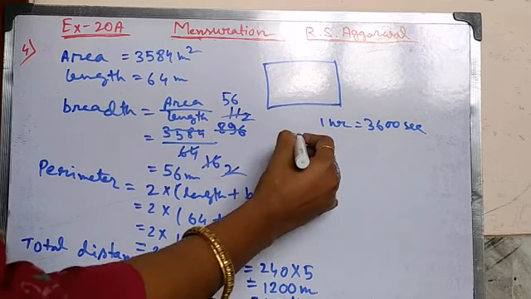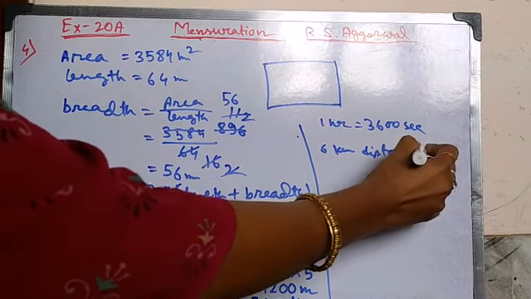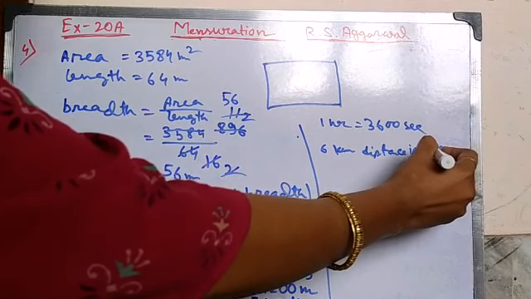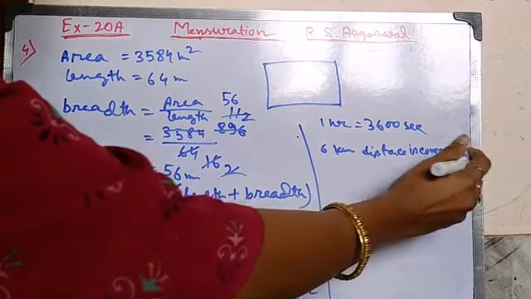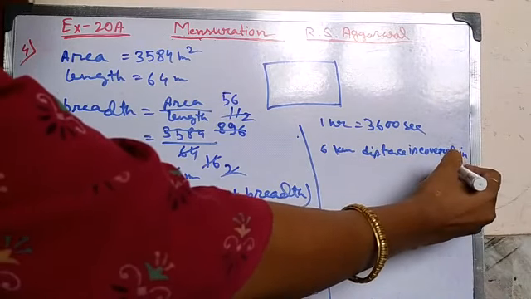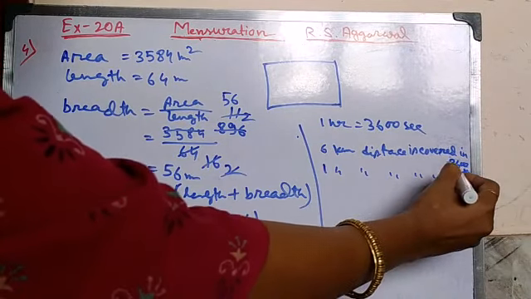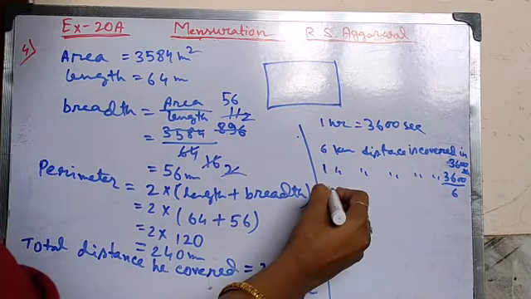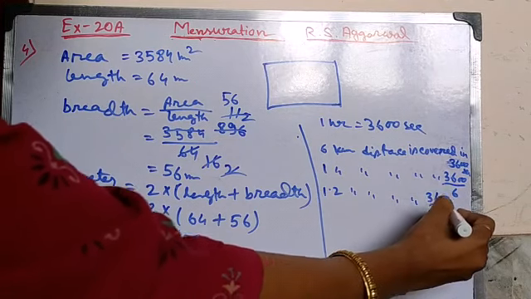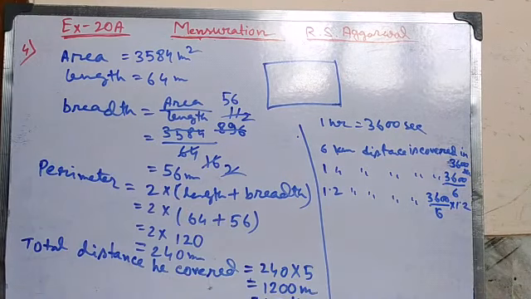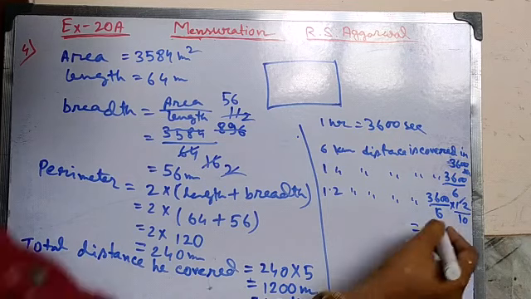3600 seconds. So 6 kilometer distance is covered in 3600 seconds. 1 kilometer distance is covered by 600, and 1.2 kilometer distance is covered by 600 into 1.2. 0 is removed. 6 2s are 12.